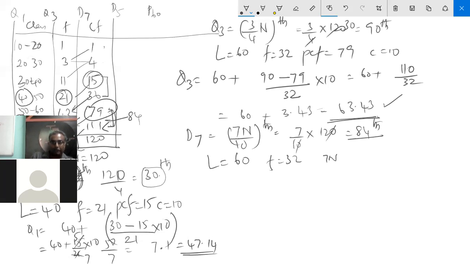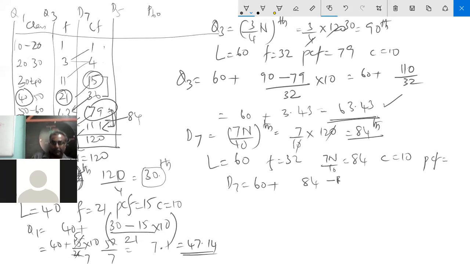7n by 10 is equal to 84. Then C is equal to 10. Then D7 is equal to 60 plus 84 minus the PCF. What is PCF for this?